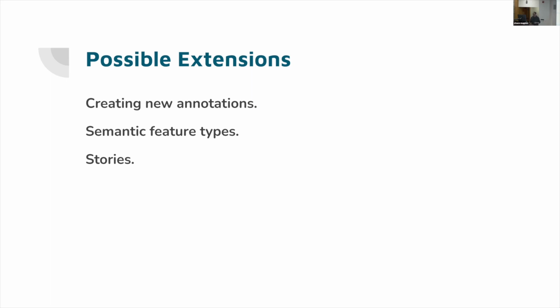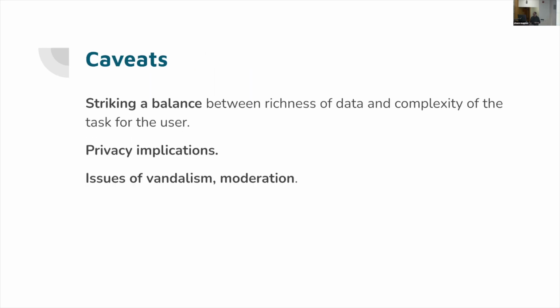So I think there are also caveats to this. It's also tricky. On the one hand, you have to strike a balance between the richness of the data that you're collecting and the complexity of the task. As the tool set gets more complicated, it might put people off. There are also privacy implications, especially when you go beyond labels and when you start collecting personal stories, perhaps.